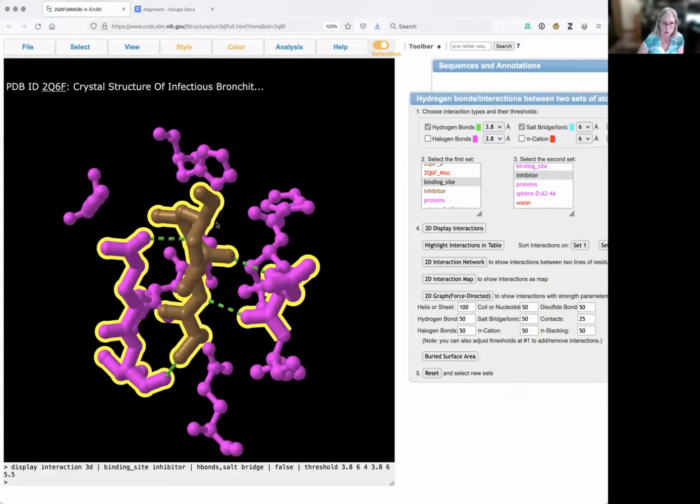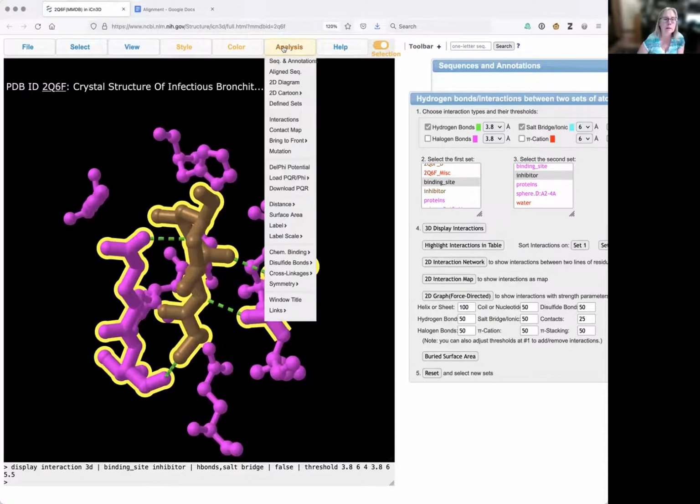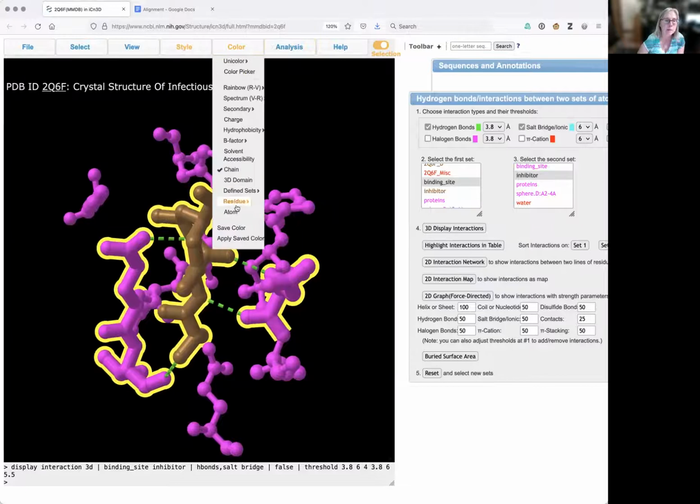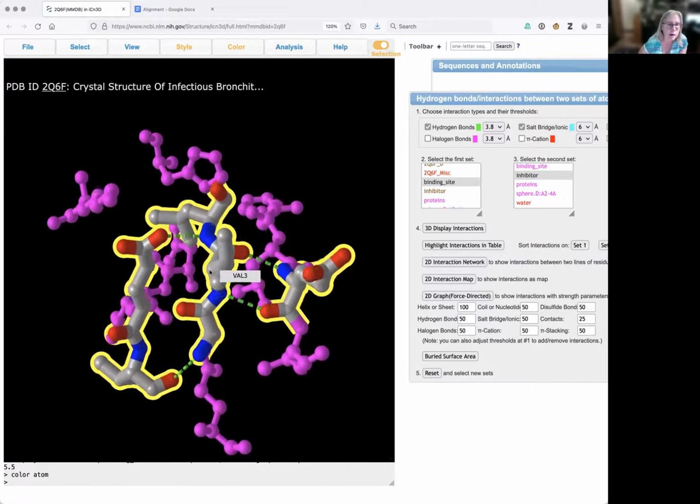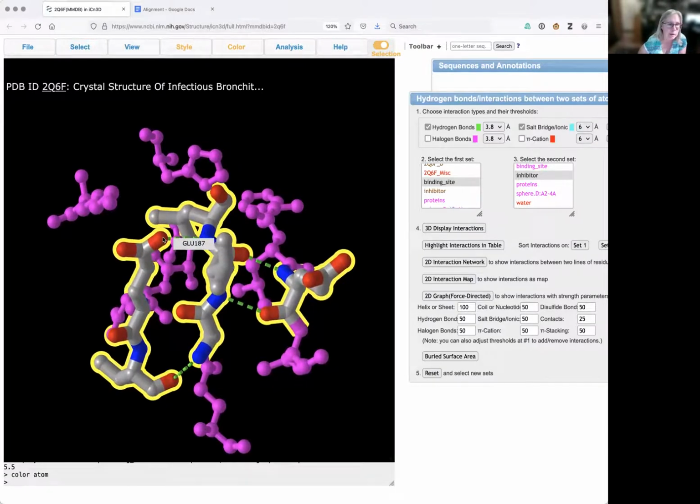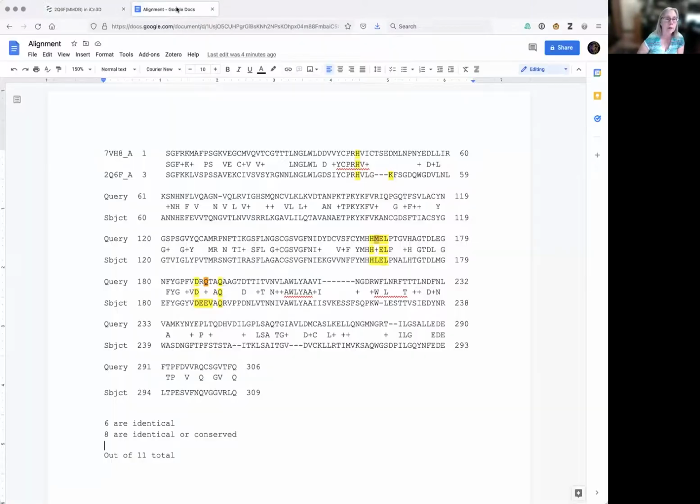I can also color this by atom. That gives me a little bit better picture of how the hydrogen bond is forming. So you can see there's the carboxyl oxygen from the side chain of glutamic acid, and here's a nitrogen in the backbone of the inhibitor. Okay, so glutamic acid 187.